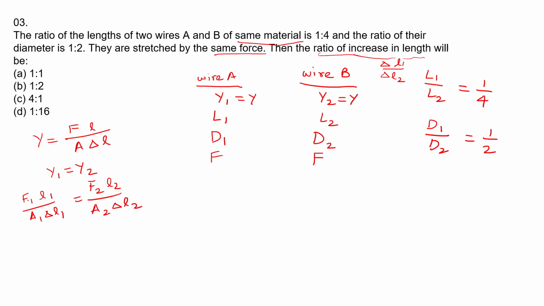The force that I am applying on both wires is the same and I am calling it F. F1 and F2 are both the same, so I can cancel it out. Let me write it like this. I want to calculate delta L1 by delta L2, right? So if we rearrange this, I'm cross multiplying, delta L2 by delta L1 will be A1 L2.